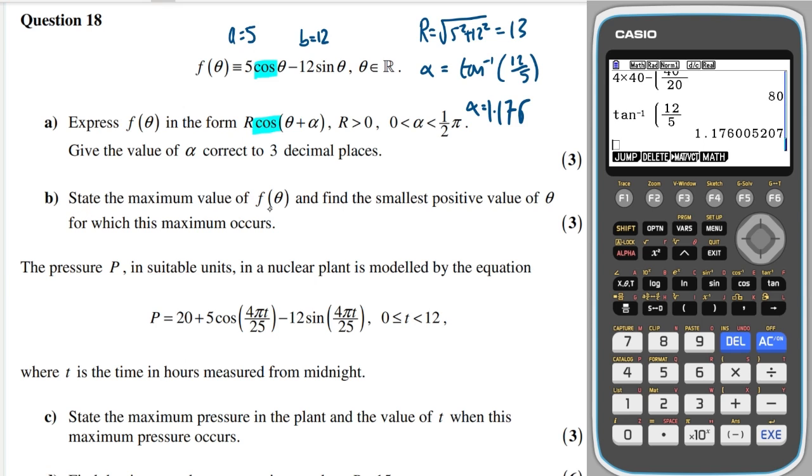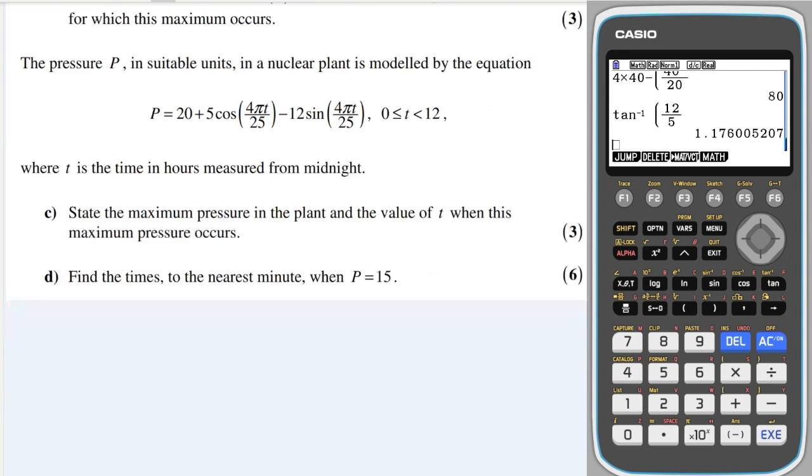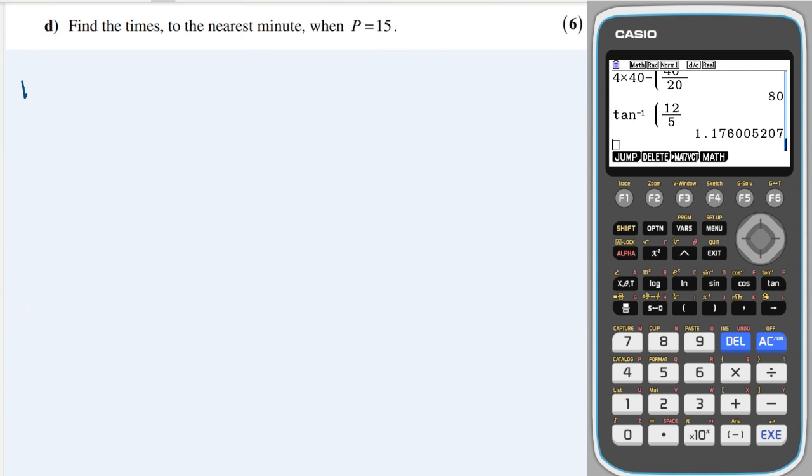State the maximum value of f theta and find the smallest positive value of theta for which this maximum occurs. Okay, let's do that then. So part B, we have f of theta is equal to 13 cos theta plus 1.176, and that's maximum when the cos function is 1.